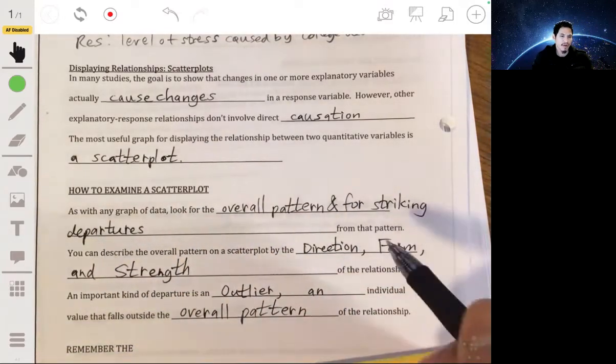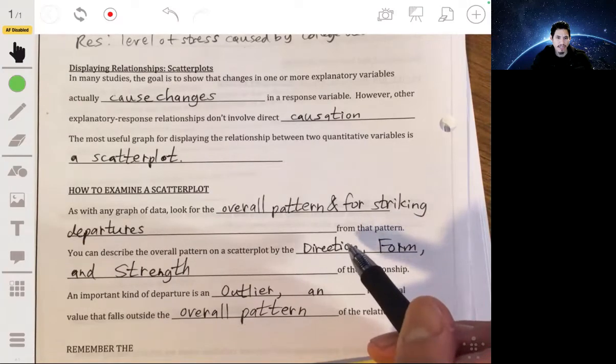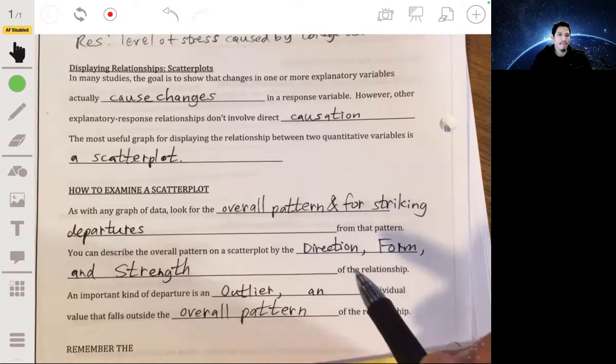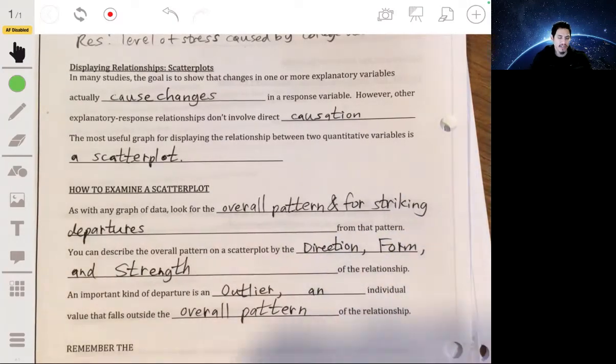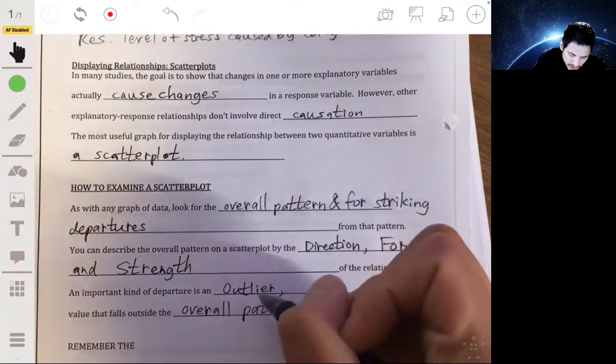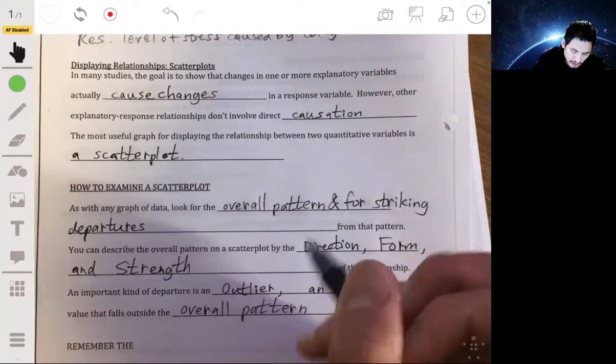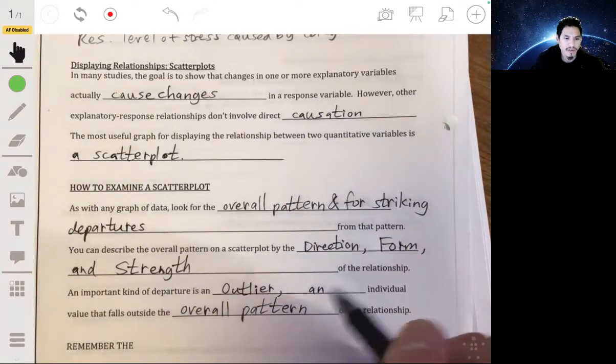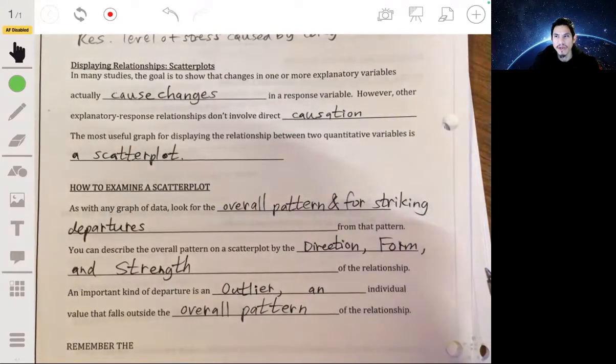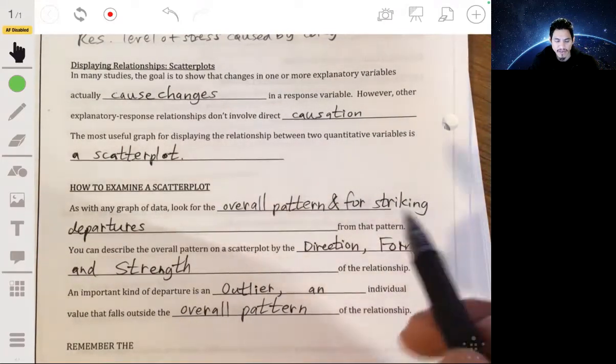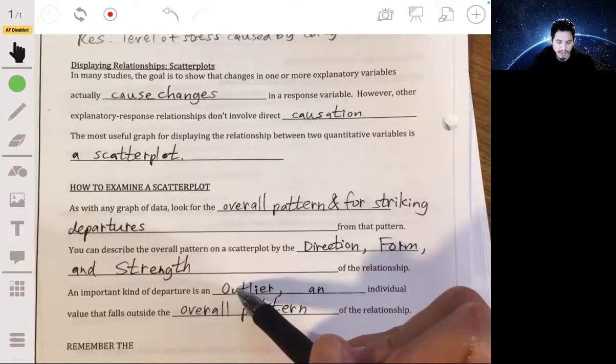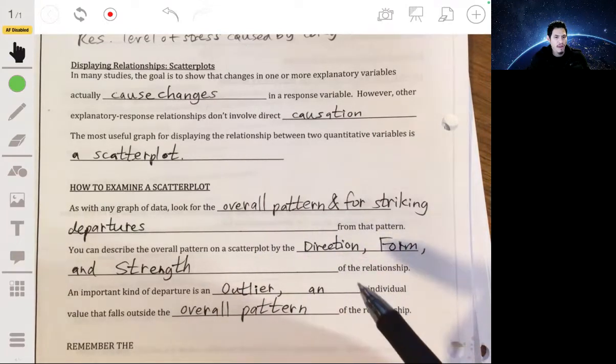And again, we'll talk more about how we address each of these characteristics. So in other words, we don't really care about little things. We have to look at the overall picture, the big picture of the relationship. Also, we need to make sure we address any outliers or any points that look like they're not going with the general trend. Think of an outlier as like an outcast, something that doesn't follow the rest of the guys.